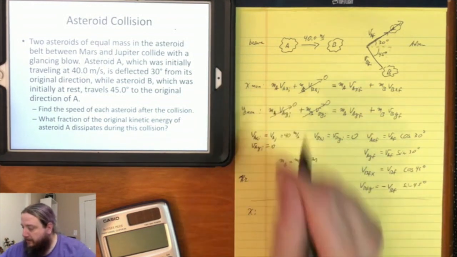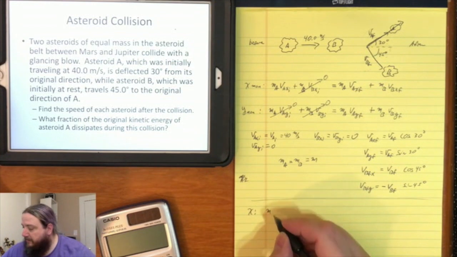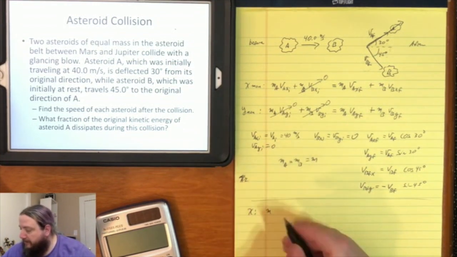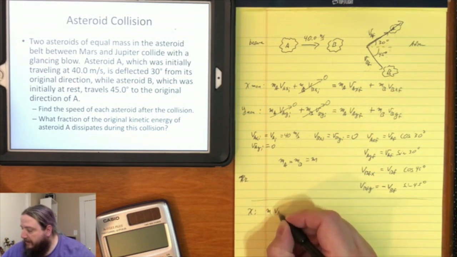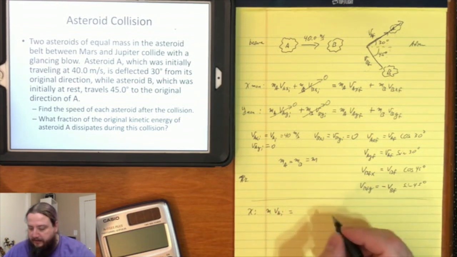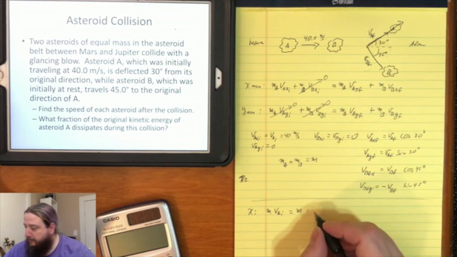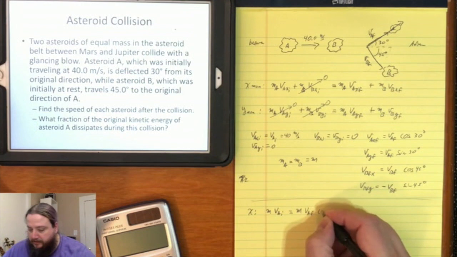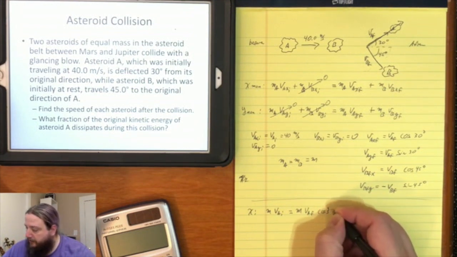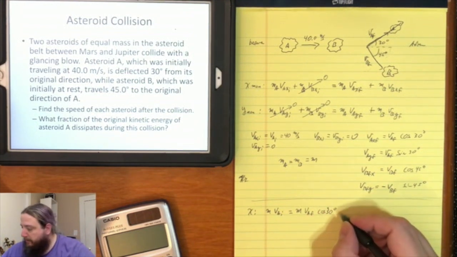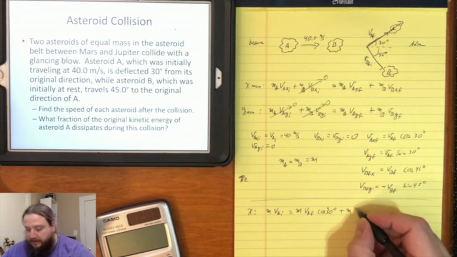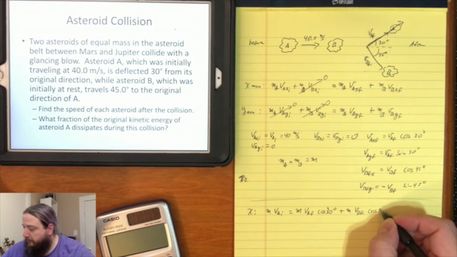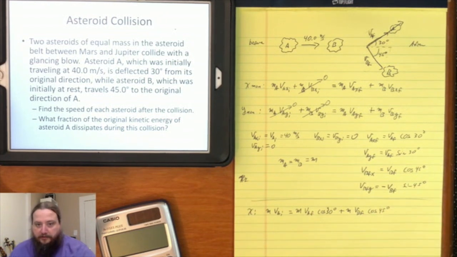So we've got mass times velocity A initial equals mass times velocity A final cosine of 30 degrees plus mass times the velocity of B final cosine of 45 degrees.